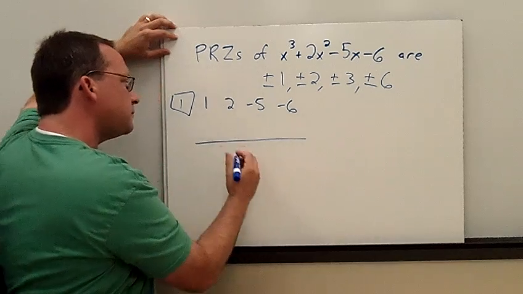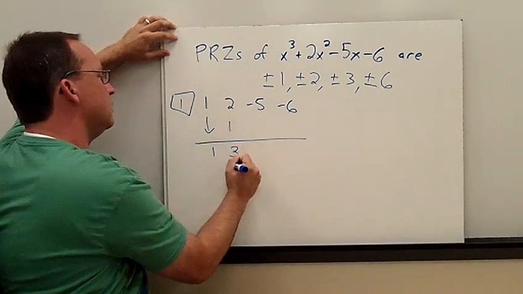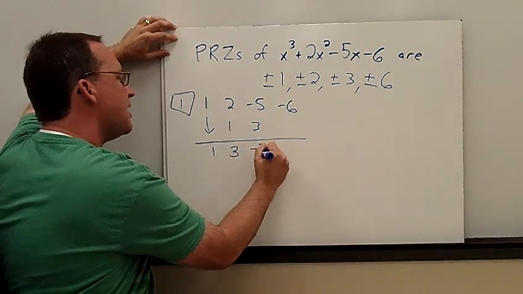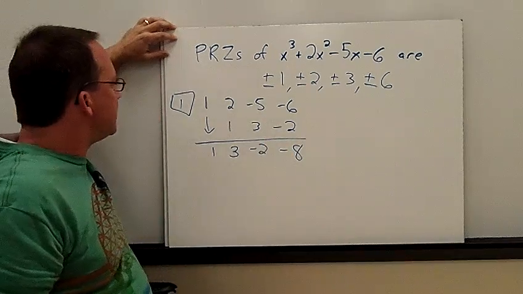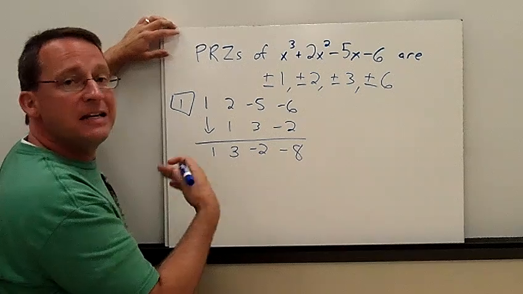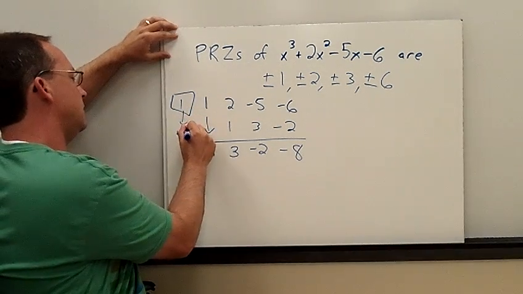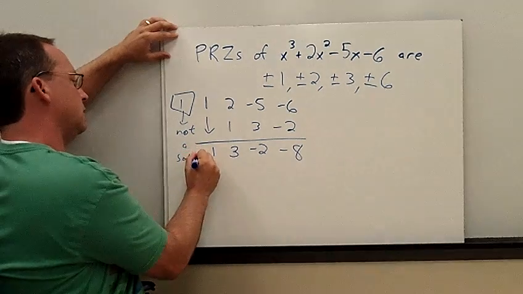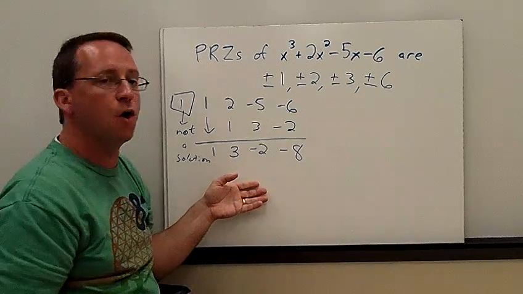Now, as I do this, remember that in order to be a solution, I have to have a remainder of 0. In this case, I have a remainder of -8. So this 1 is not a solution. It didn't go in evenly, didn't leave me with no remainder.